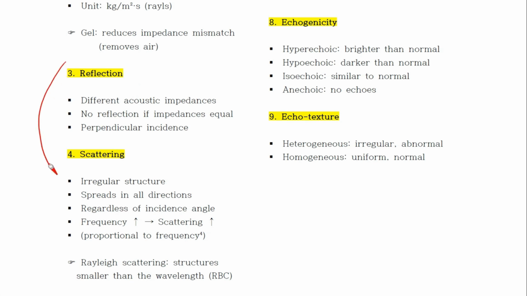From here, I will start to explain step by step how ultrasound interacts with materials. First, let me explain with a diagram. When ultrasound encounters a material, various interactions can occur. First, there is reflection, where the sound wave bounces back. Second, there is scattering, where the sound wave spreads out in various directions.